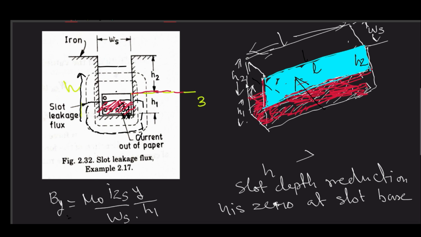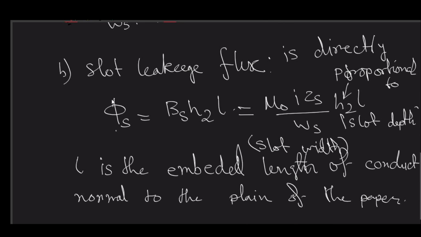As we move in the upward direction from the conductor, x is 0 when you are on the conductor's upper surface, and x is h2 when you reach the top of the slot. Like when you are here, x is 0, and when you are here, x is h2.